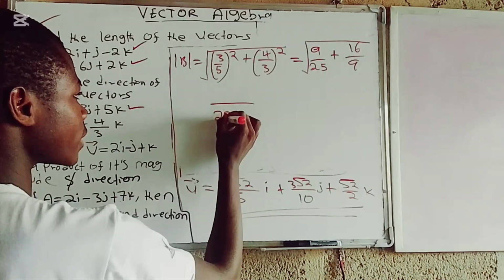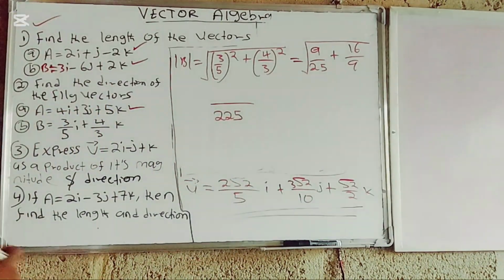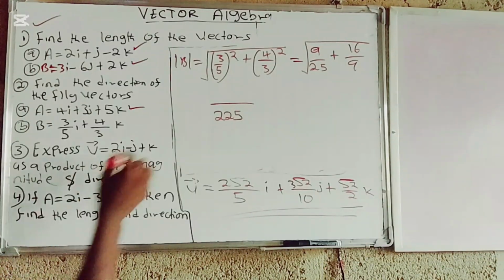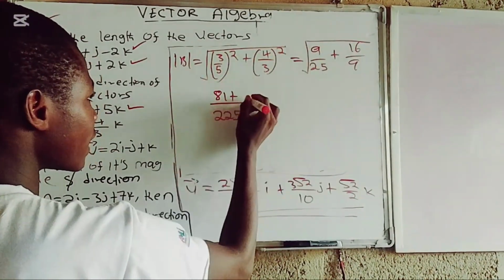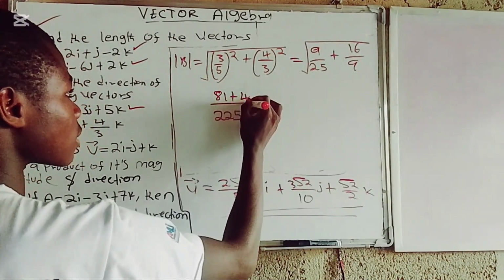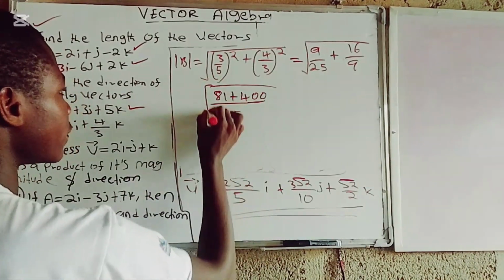What will be the LCM between this and this? I think 225 can go. So 225 divided by 25 is 9, multiplied by 9 is 81. Then 81 plus the other terms gives 400, all in root.